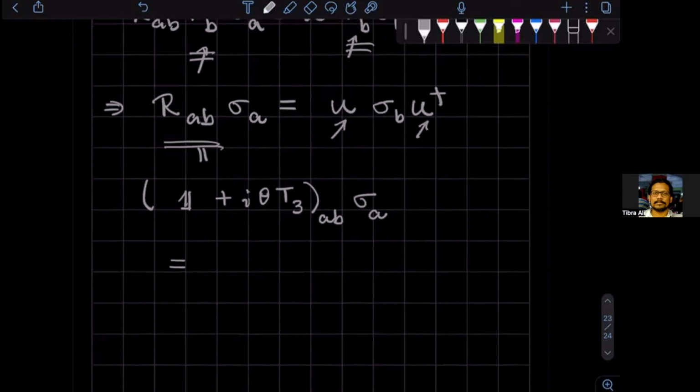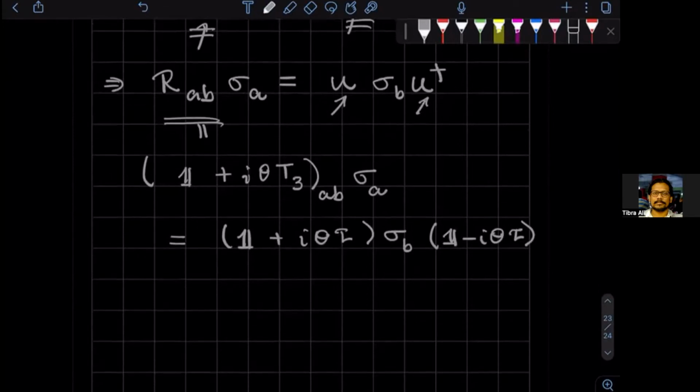So on the right-hand side, I'm going to get some identity matrix plus i theta times tau. And then I get sigma b, and here I will get 1 minus i theta tau. Sorry, the tau will be just one matrix because I've got just one theta here.